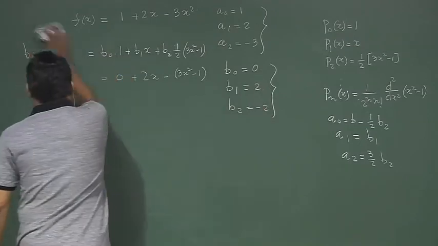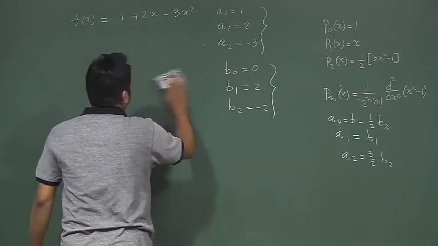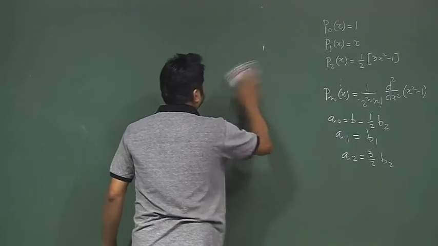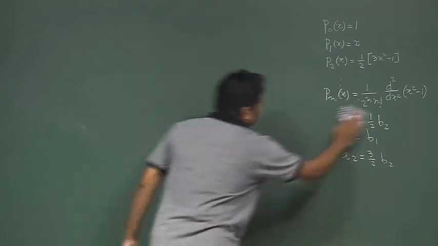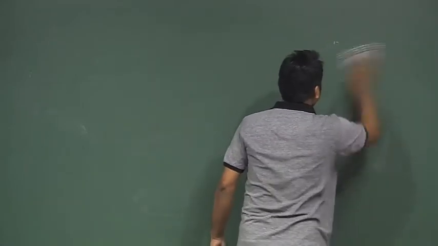Now at this point I would like to mention something quite interesting: if a polynomial is given to you, let me erase this. I do not need to write this either, let me erase.